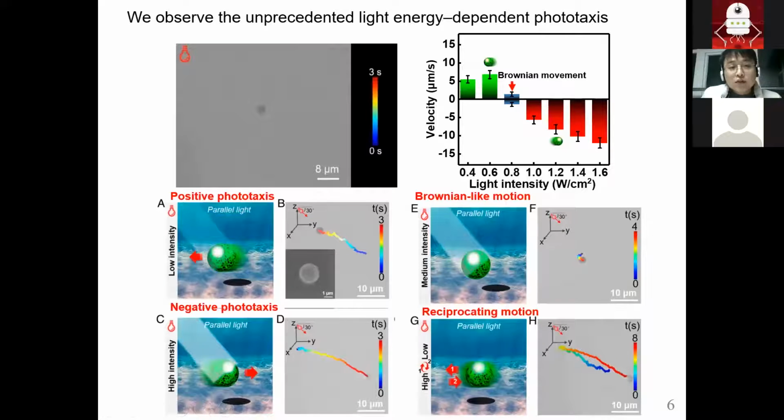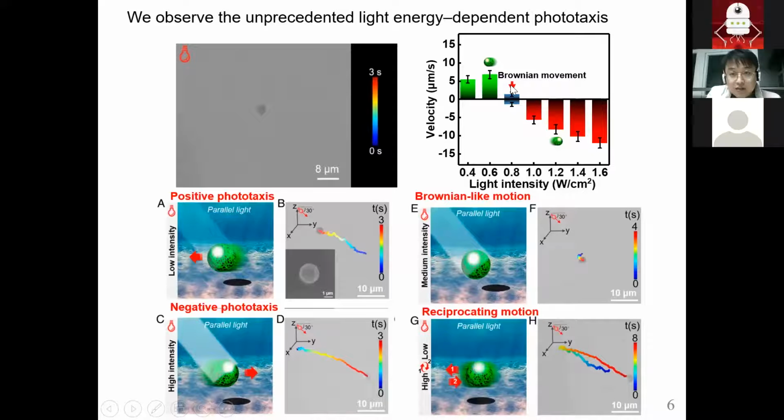Positive phototaxis appears under 0.4 to 0.8 irradiation, with the movement speed increasing at first, followed by a decrease.